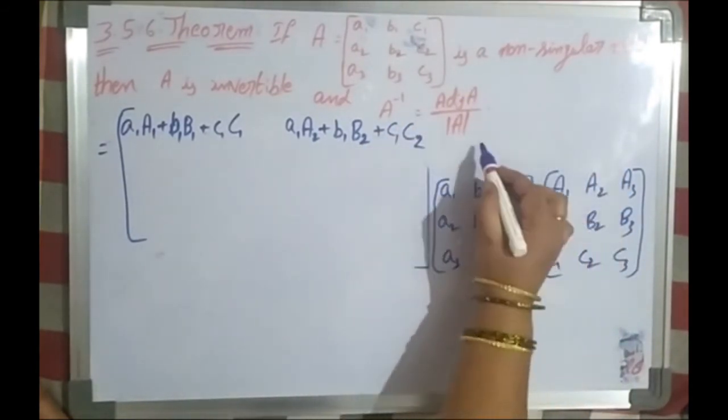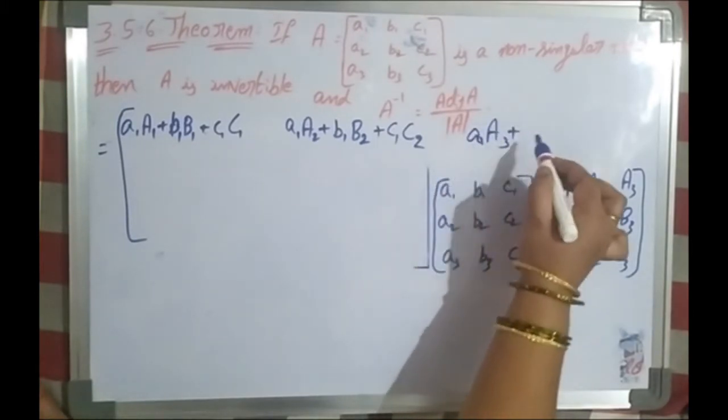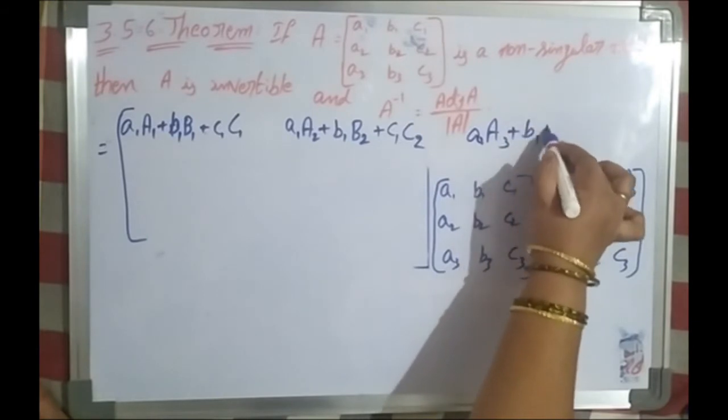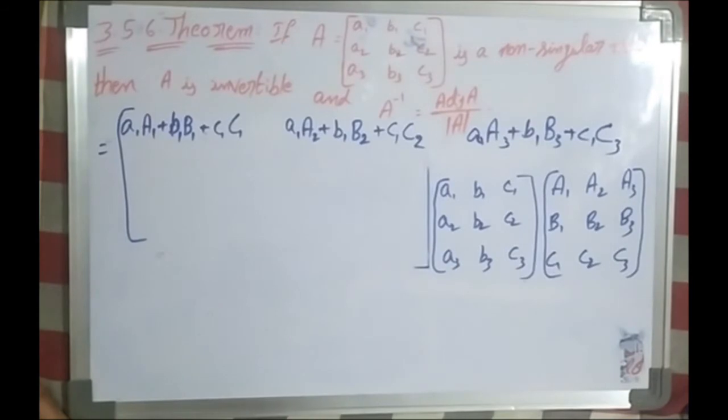And the third element is a1 A3 plus b1 B3 plus c1 C3.